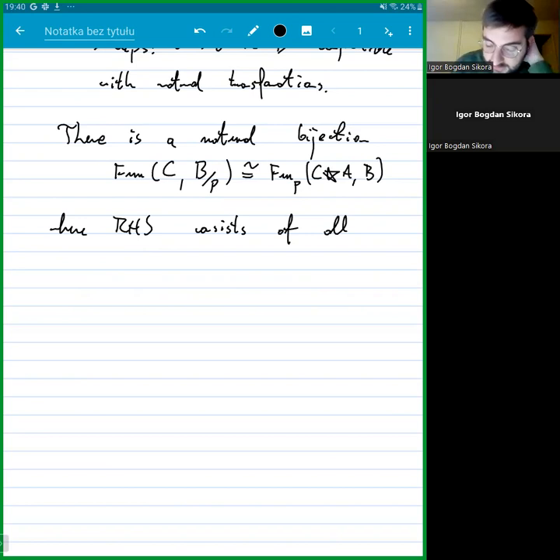It consists of all functors from C join A to B such that the following diagram commutes.